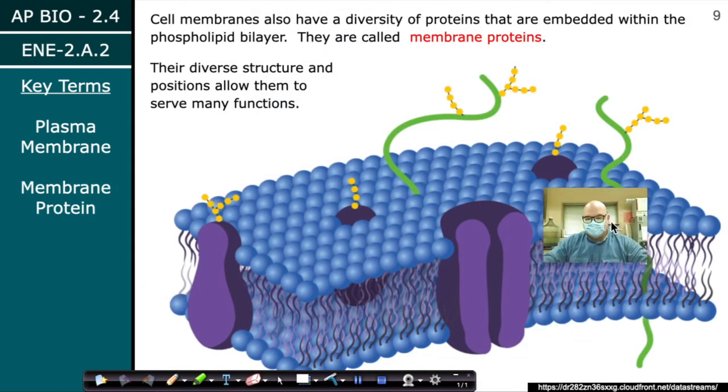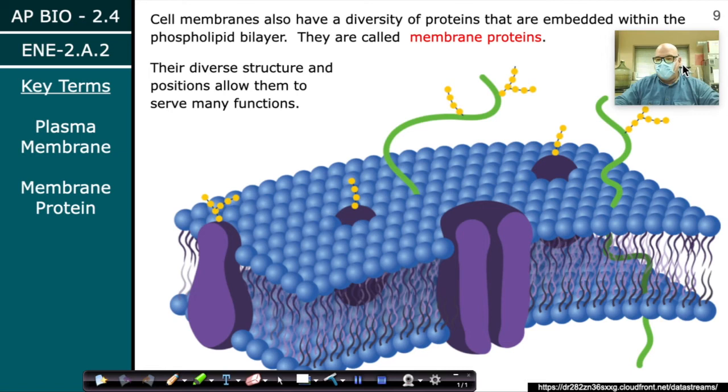Okay, so now let's take it a step further. Until now, all of our cartoons have been missing all these things. So, cell membranes have a very wide range of different proteins that are embedded. So, what would you guess might be some of the chemical properties of, say, this end of the protein versus the middle of the protein?